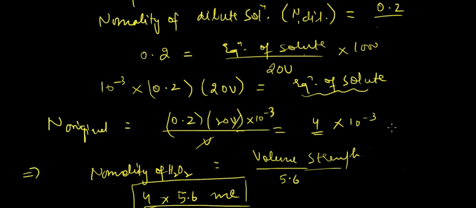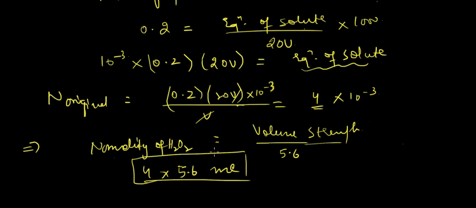So the normality of the original solution is 4 into 10 to the power minus 3, in liters, which I directly converted, since 10 to the power minus 3 into 1 liter is 1 ml. Hence, I directly wrote 4 into 5.6 ml, which is nothing but 22.4 ml, the volume strength of H2O2.